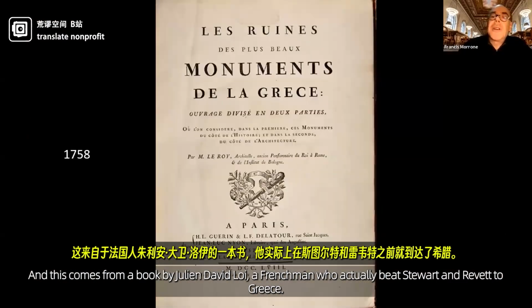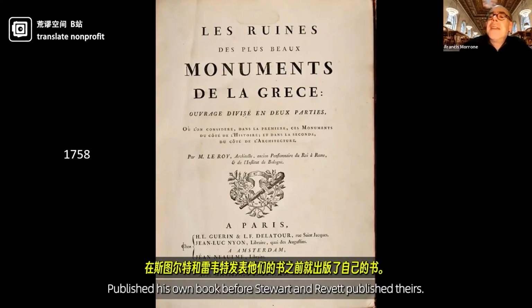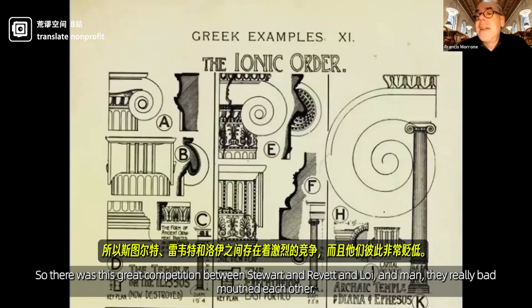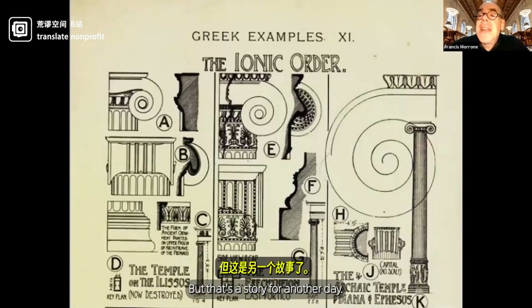And this comes from a book by Julien David Leroy, a Frenchman who actually beat Stewart and Revett to Greece, published his own book before Stewart and Revett could publish theirs. So there was this great competition between Stewart and Revett and Leroy, and man, they really bad-mouthed each other. But that's a story for another day.